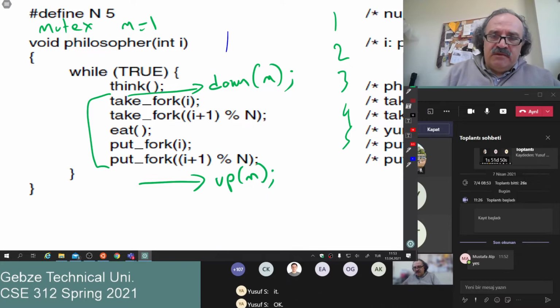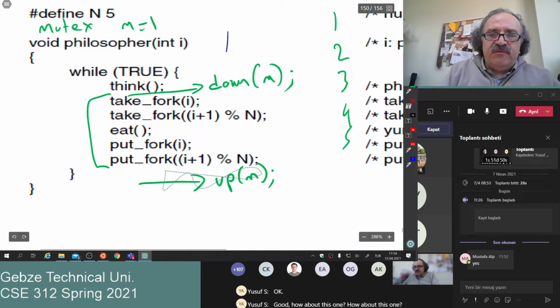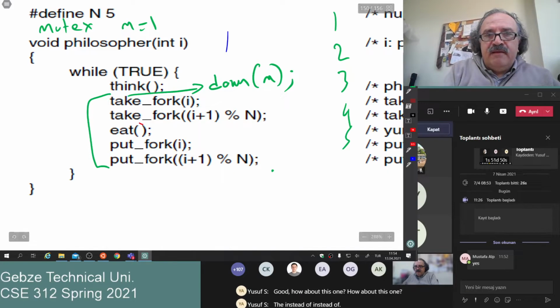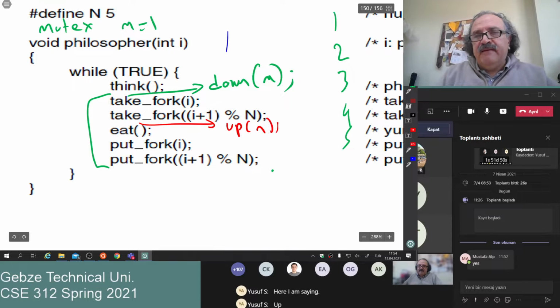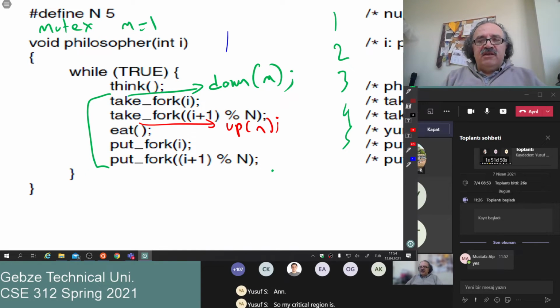How about this one? Instead of here, I am saying up, and so my critical region is only taking the resources.